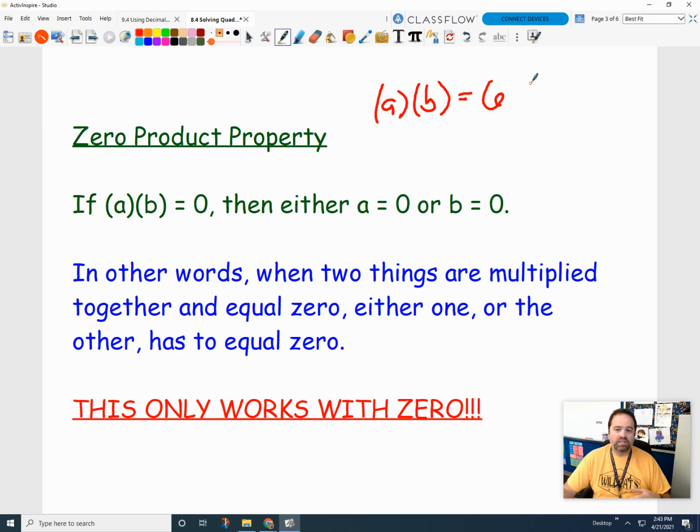A could be 1 and B could be 6. A could be 2, B could be 3. I can list it out and you start considering decimals and fractions and all that jazz. This can go on forever. But this only works with 0, where I can say with 100% certainty that one of those numbers is 0. So we're going to use that to help us solve some of these equations.